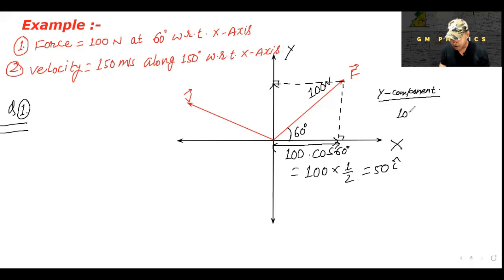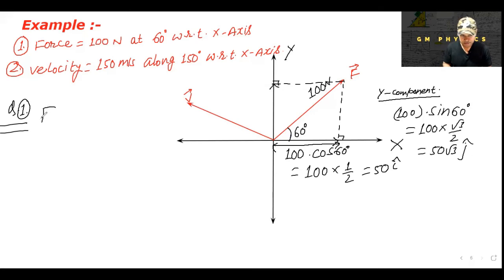So that is 100 into sin 60 degrees. 100 into sin 60, which is √3/2, so that is 50√3. That is along positive y-axis, so here you will write positive j cap.